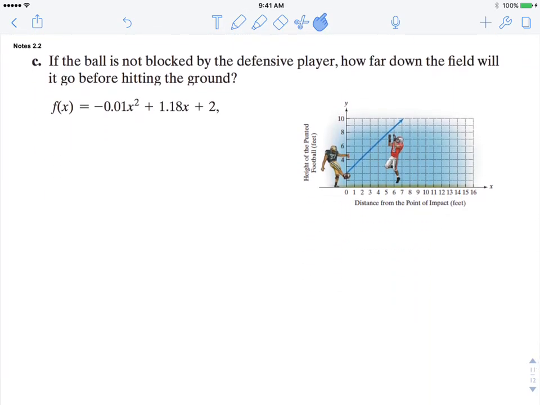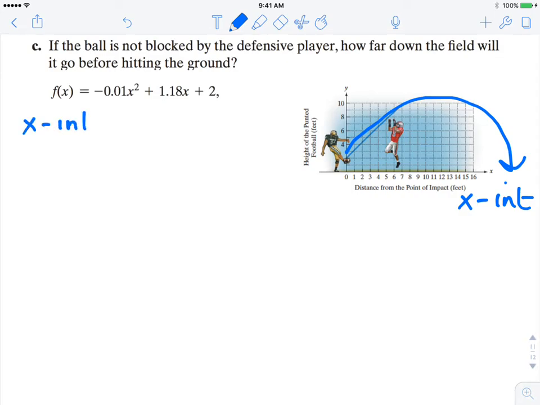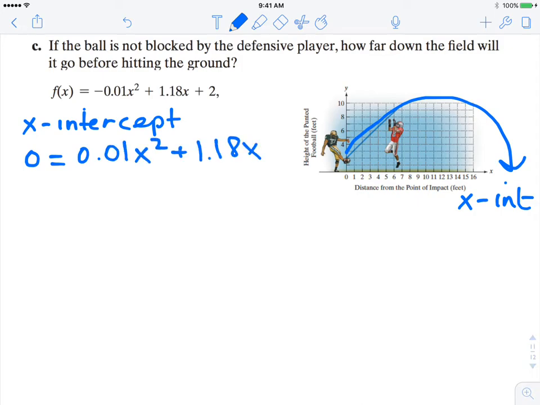Question C. If the ball is not blocked by the defense player, how far down the field will it go before hitting the ground? So it's going to be kicked, and we're looking for that x-intercept. So to find the x-intercept, we're going to set the function equal to 0 and solve it for x.